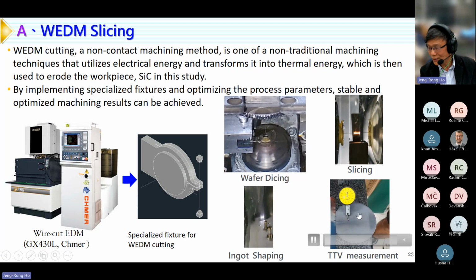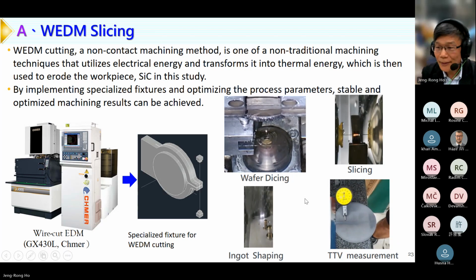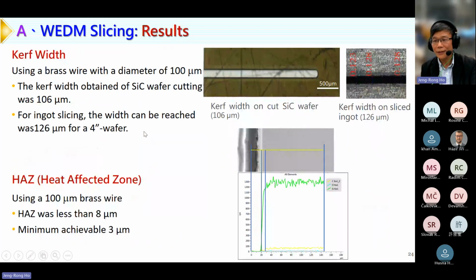After slicing, we conducted several measurements. Here are some results. First, the kerf width. In this study, we use a wire with a diameter of 100 microns, and the total kerf width loss is only 106 microns. So we can control the kerf width to be very small.